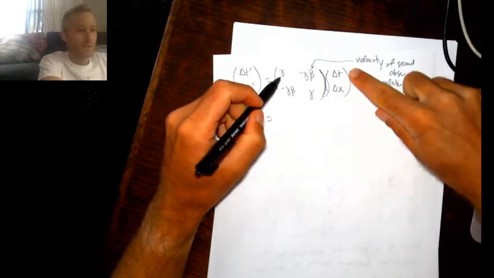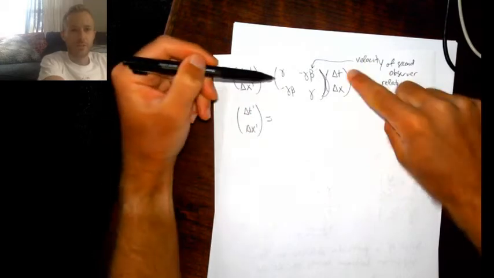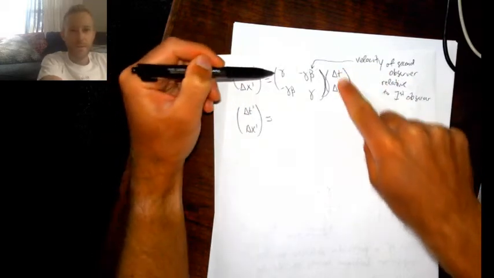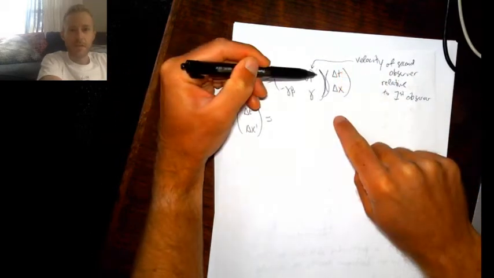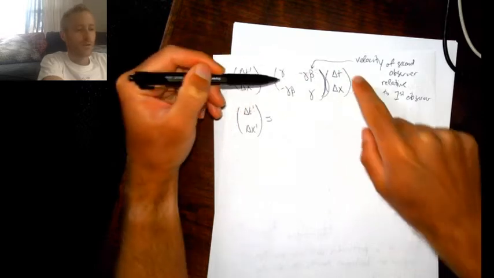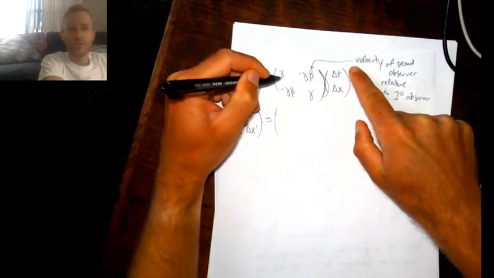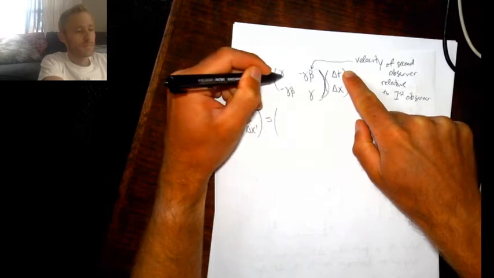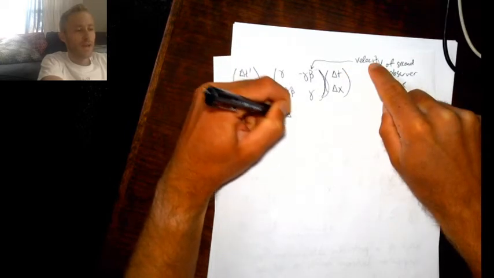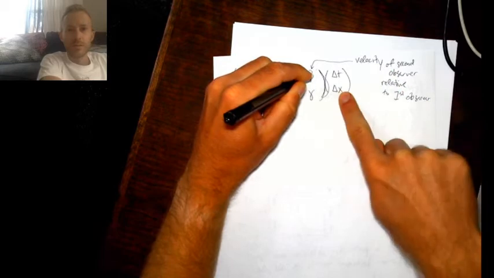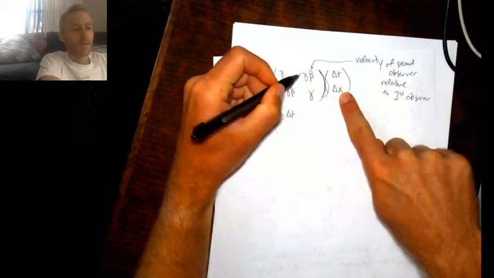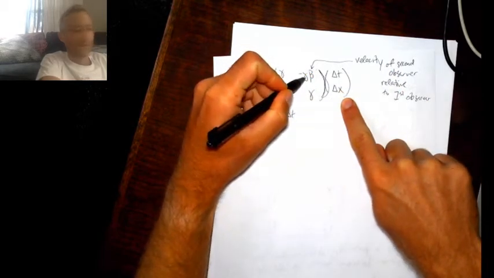So what I want to do is carry out this matrix multiplication. So the first row is going to be gamma times delta t, and then I have minus gamma beta times delta x.